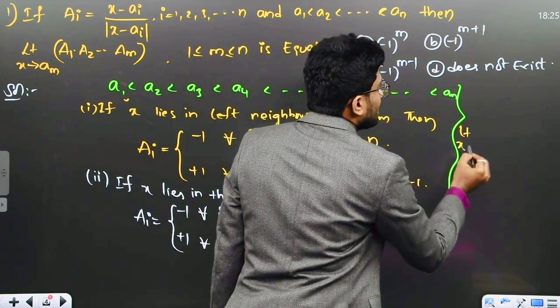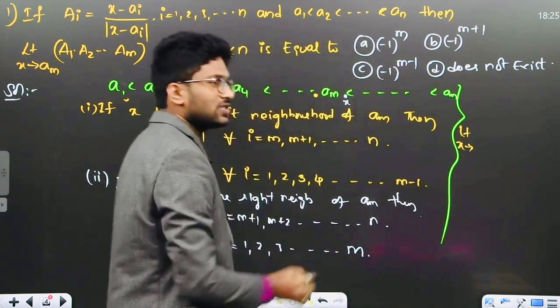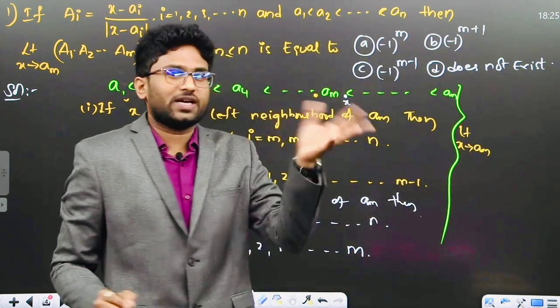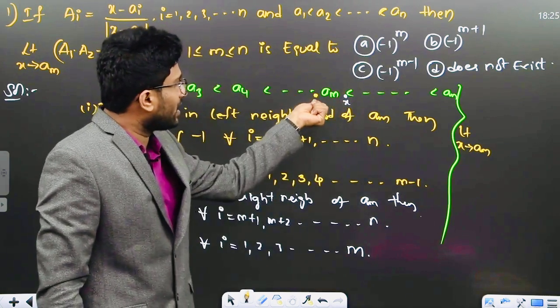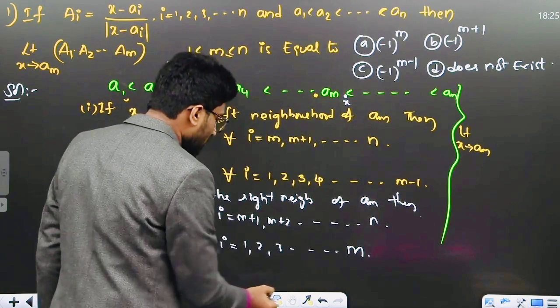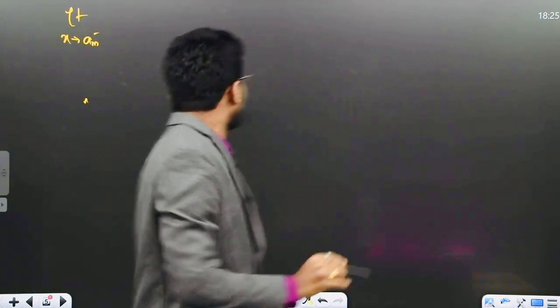Limit x tends to am. I have to split it into two cases because we have taken x in the left neighborhood of am and the right neighborhood of am. So I would like to take limit x tends to am minus. First I am finding the left hand limit, LHL. Let me find LHL.